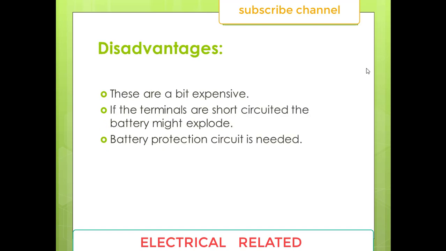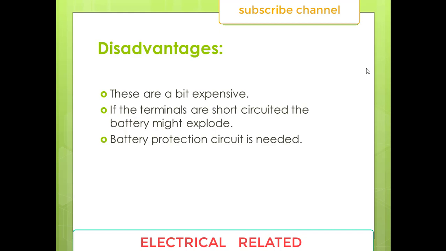And next I will explain some disadvantages of the lithium ion battery. The first disadvantage is that it is a bit expensive as compared to the lead acid battery. If the terminals of a lithium ion battery are shorted, there is a high chance that the battery will explode. That's why lithium ion batteries need a specially made protection circuit.